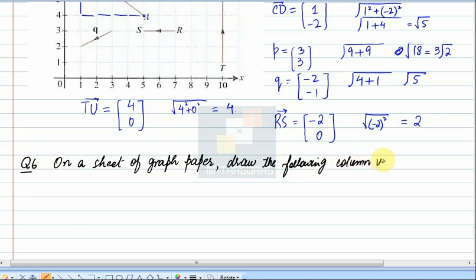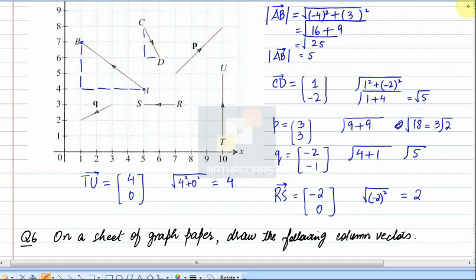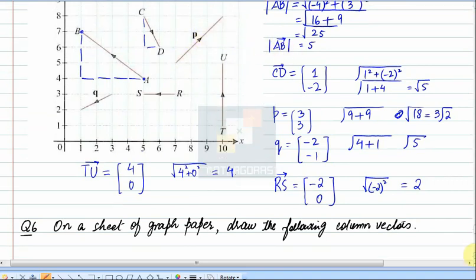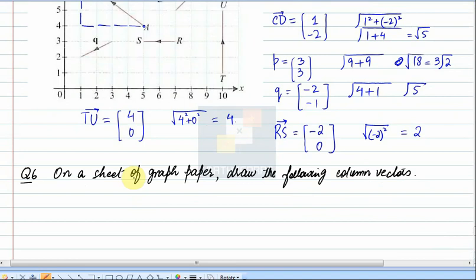Now you need to do the reversal of question number 5. You need to draw the x-axis and indicate the scale on the squared graph paper. In the above question, column vectors are drawn on the graph paper and you need to find the column vectors. Now in this question, column vectors are known and you need to draw them on the graph. Like in the first part, it says 3 and 2.